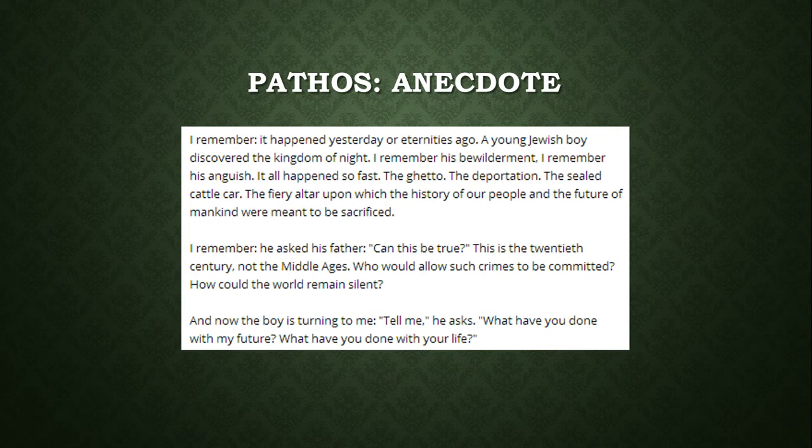So here we have Wiesel's story. He begins, this is right near the start of his acceptance speech, telling a story of a young Jewish boy and the circumstances at the beginning of his Holocaust experience. And then some key images from those, which is here. And then he sets himself up a question, which is quite lovely here.